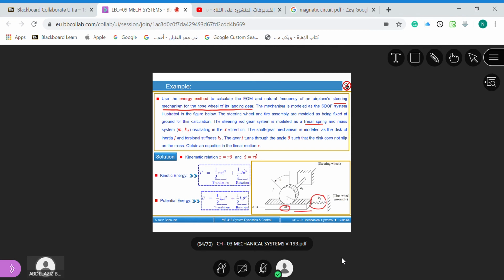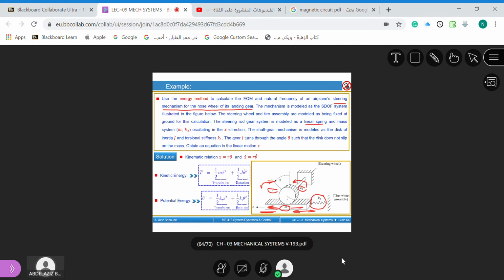This is in translation. It moves. The motion will be in this direction like this. And we have a rotational system that is rotating like this. So we have a shaft with a stiffness K1, and we have a disk with inertia J. So this will be rotating, and this will be translating like this.